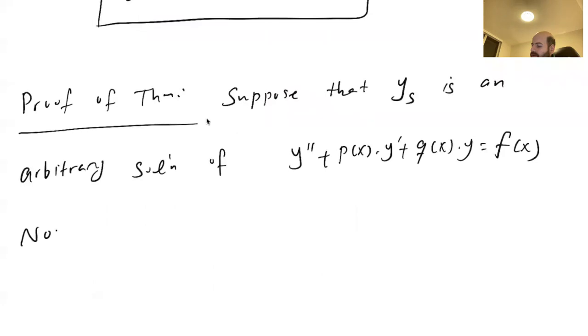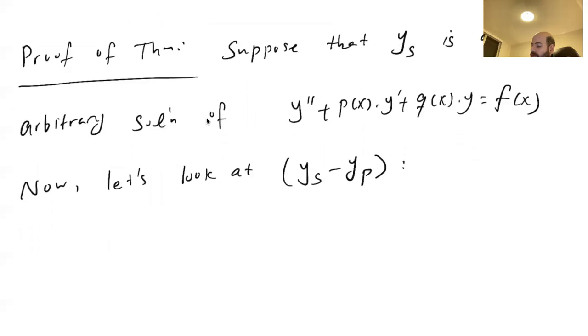All right, now let's look at ys minus yp. Our claim is that ys minus yp, this ys is some function, yp is also some function, yp is a particular solution for this equation, one fixed solution, and ys is an arbitrary solution.